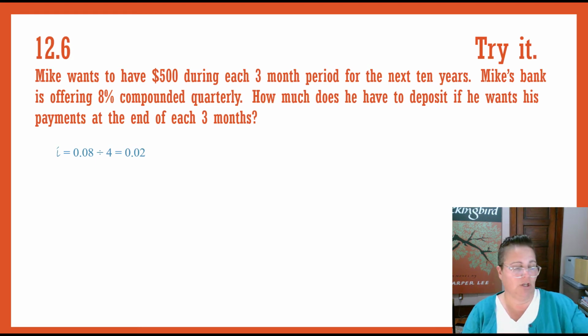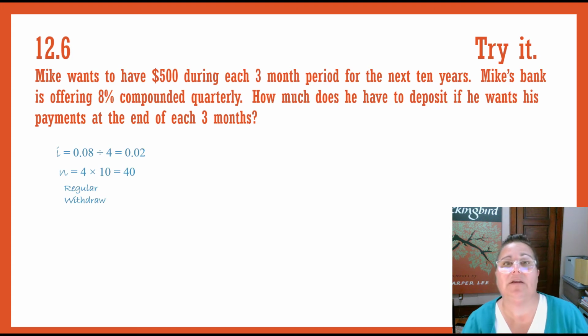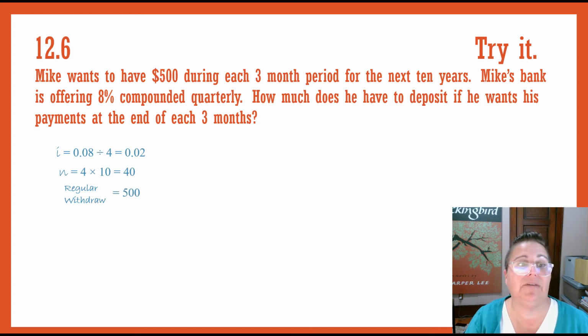My preference is to convert it to a decimal at the very beginning so I don't forget, but you do what works for you. It just needs to be a decimal. My N value is 4 times a year for 10 years or 40 different compounds. The regular withdrawal amount is going to be $500. So that's my payment, is that $500.